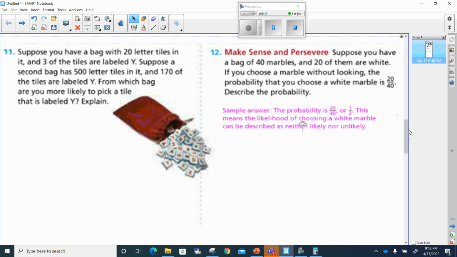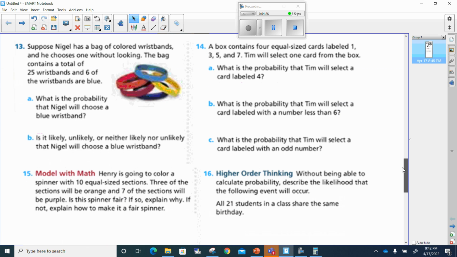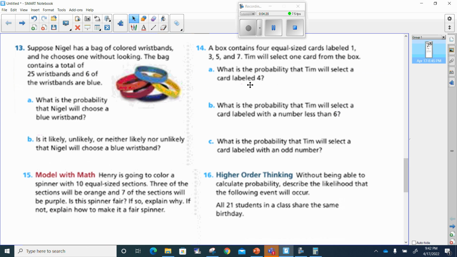Okay, let's go to number, looks like number 14 is mine. It says a box contains 4 equal size cards labeled 1, 3, 5, and 7. All right. Tim will select 1 card from the box. What is the probability that Tim will select a card labeled 4?